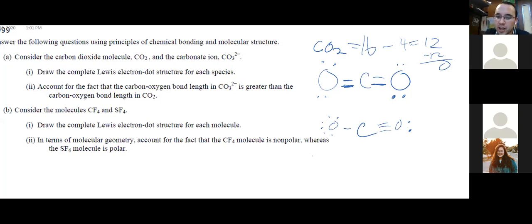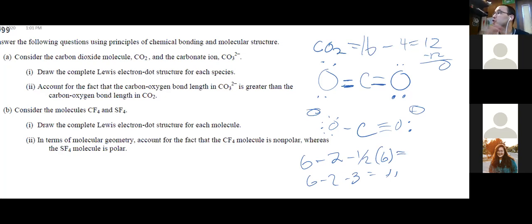So a formal charge is the number of valence electrons it normally starts with. So for oxygen, that would be 6, minus the number of lone pairs on it, or unbonded electrons, so 2, and half of the bonding electrons. So this one would be 6 minus 2 minus 3. And so it'd be a +1 on this side. And then this one's going to be a -1 on the other side. So if we do a triple bond and a single bond, then we would have these formal charges, and we don't want that. So good. So we have our double bond there.